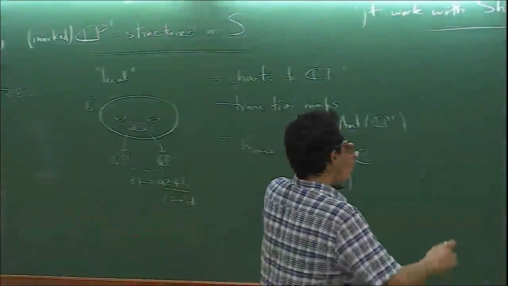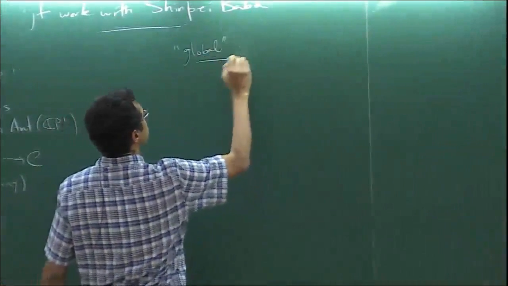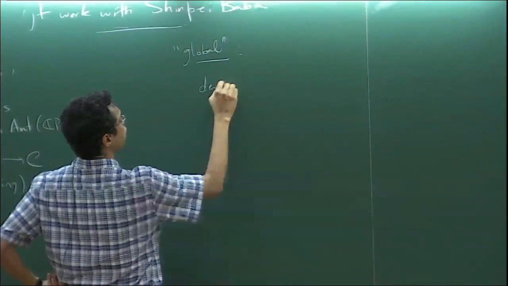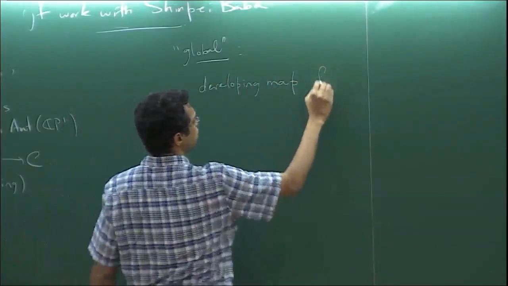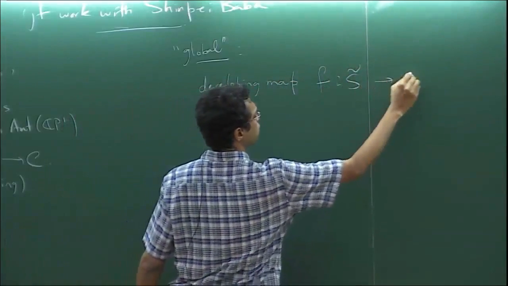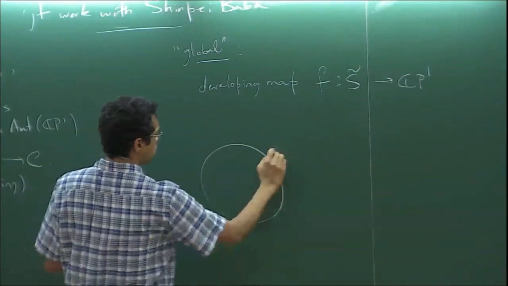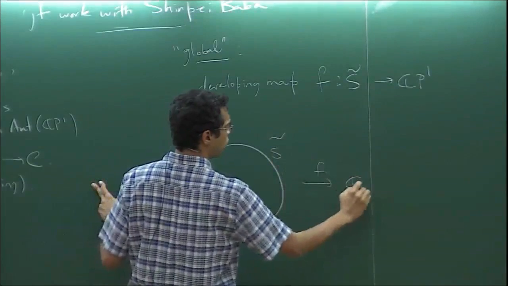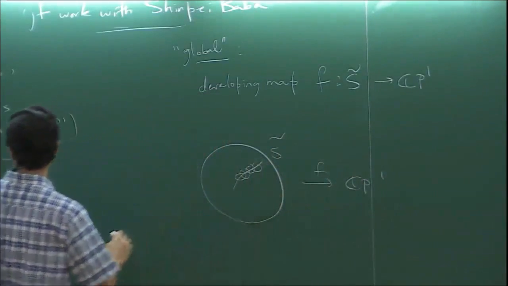So that's a local description, and a more global definition is in terms of the developing map and the holonomy. There's a developing map from the universal cover of the surface to CP1, which we obtain by piecing together these local charts to CP1.